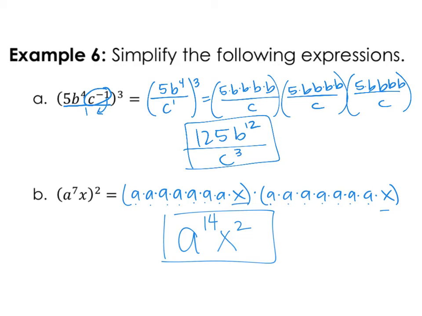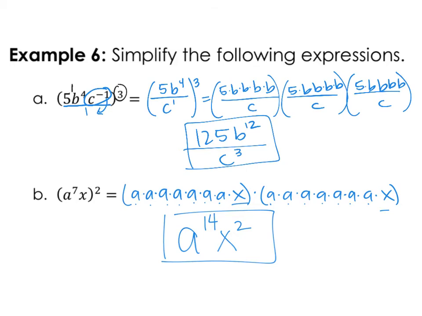Now, some of you might start to see a pattern that's happening within this. So let's talk about that. If you notice, I said 5 to the 3rd because it was 5 times 5 times 5. Now, originally in our starting off problem, that was a 5 to the 1st.